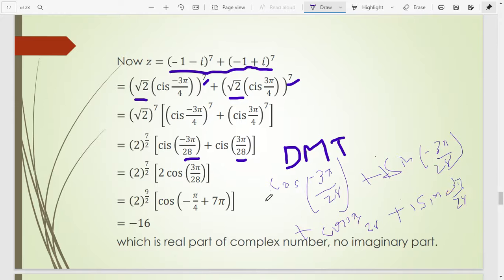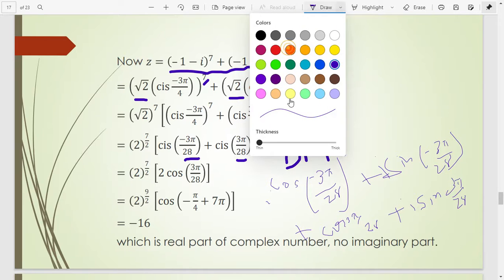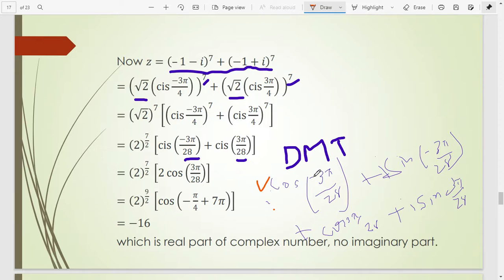So cos is an even function, so the negative sign becomes positive: cos 3 pi by 28 and cos 3 pi by 28. So 2 cos 3 pi upon 28.